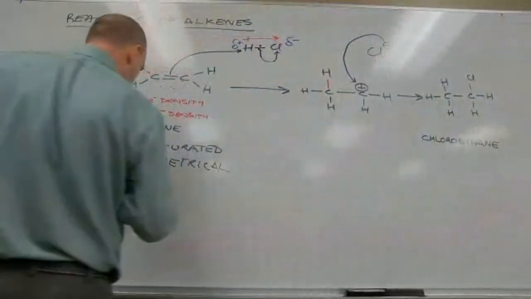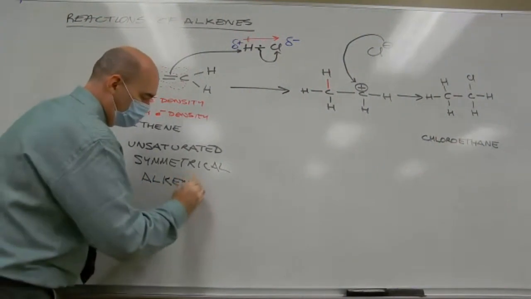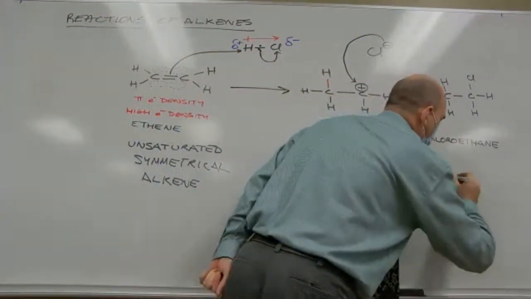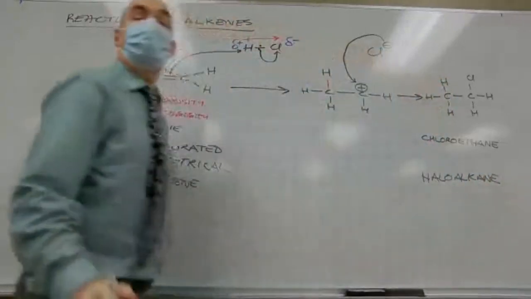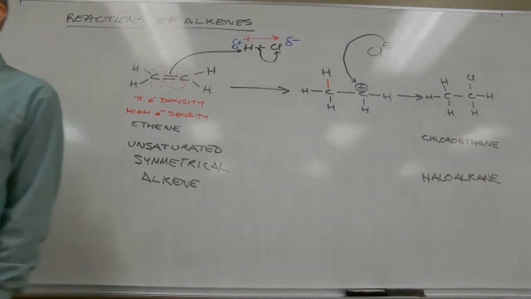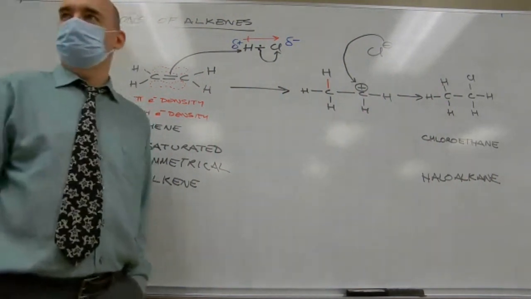I started out with an alkene, and I have generated a haloalkane. Both of these classes of molecules have entire chapters in the book. So I've just managed to take something from one chapter and generate an entire chapter's worth of material.